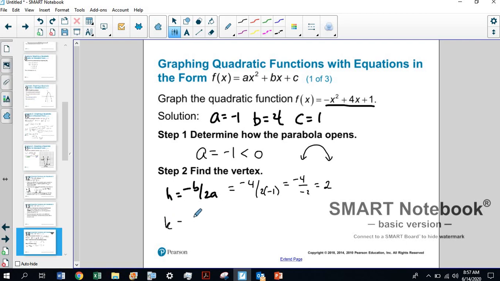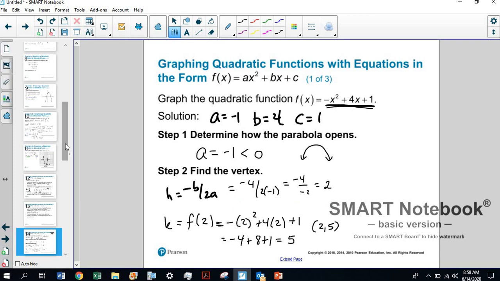To find k, you plug into your function, because that's the y value. And so you plug into your function for x, you get negative 2 squared plus 4 times 2 plus 1. And so that's 2 squared is 4, you get negative 4 plus 8 plus 1, and that's 5. And so your vertex is 2, 5.